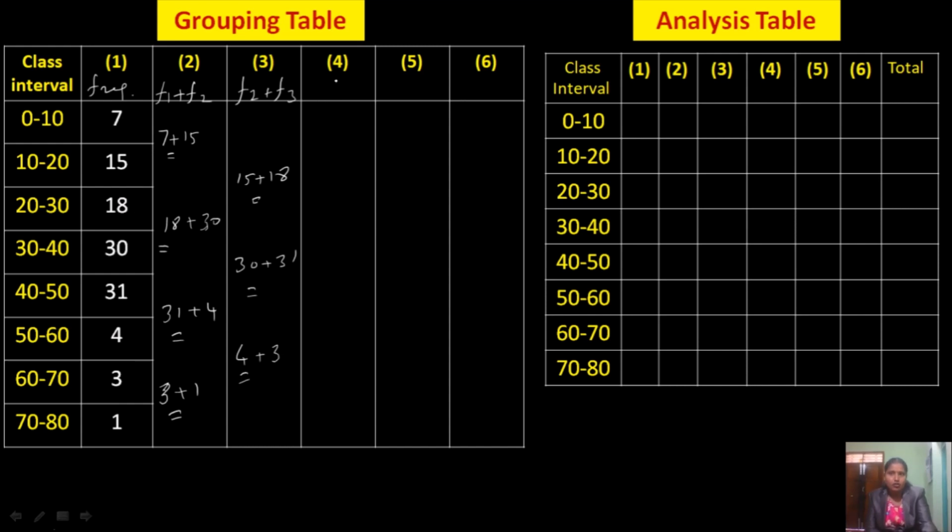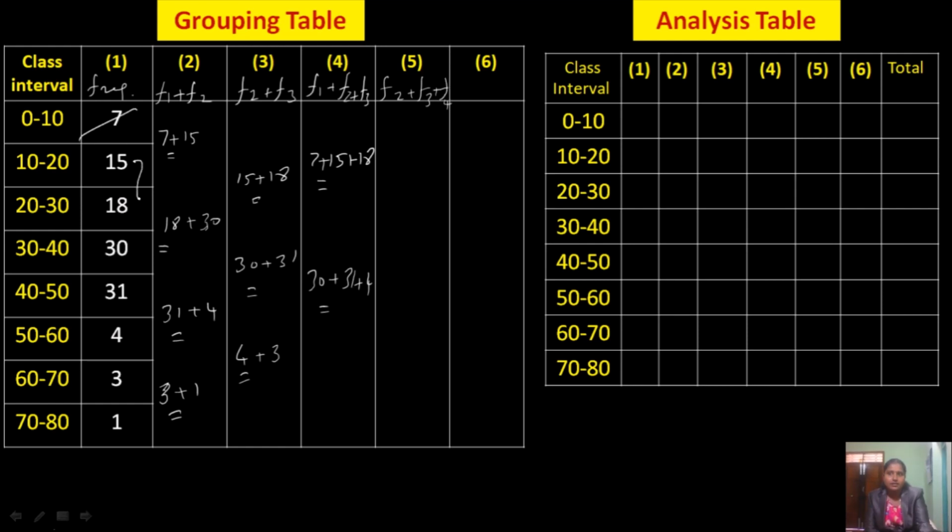Whereas in column 4, you have to add the frequencies in 3's, that is F1 plus F2 plus F3. That is 7 plus 15 plus 18, then 30 plus 31 plus 4. Since we have only two values left, just leave it. In column 5, leave the first frequency and add the remaining frequencies in threes, that is F2 plus F3 plus F4.